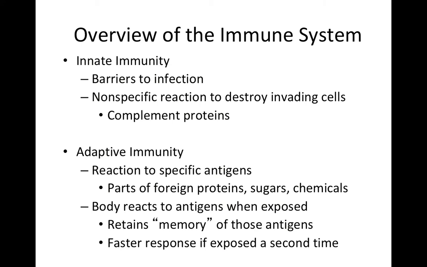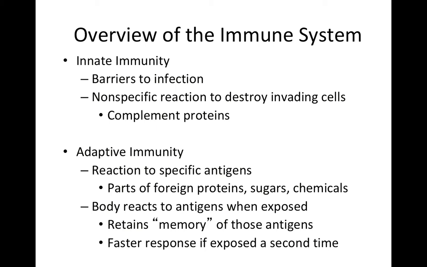So now I'd like to get into the immune system. And there are two different branches of the immune system. One is called innate immunity. Innate immunity is the part of our immune system that prevents us from getting sick.